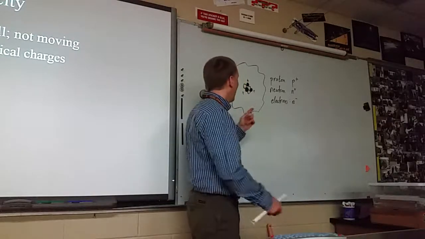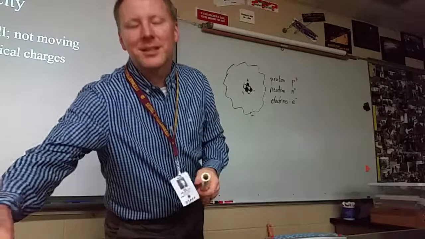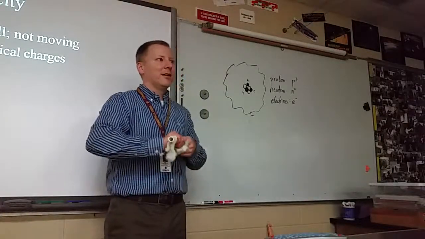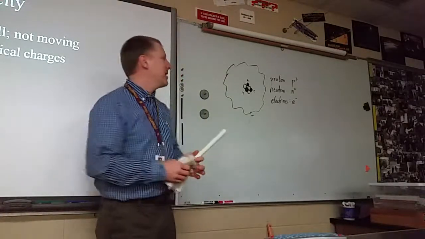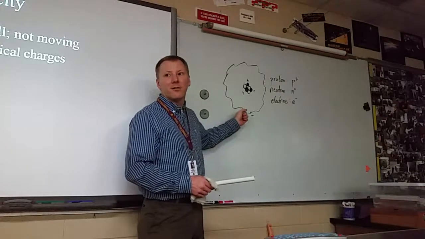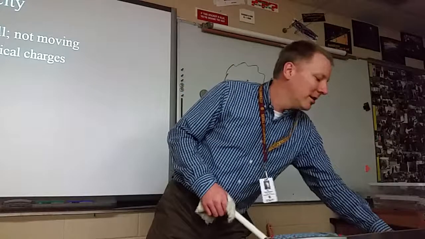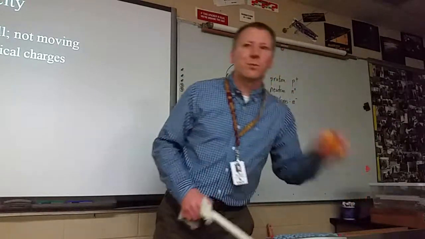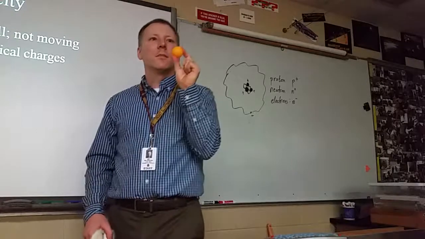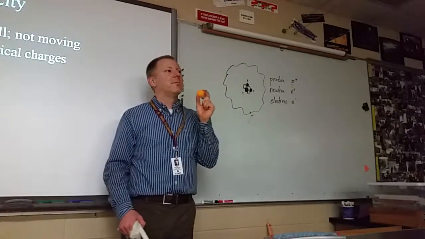get a charge. Now, if we look at this, when we rub two things together, it's the outsides of the atoms that are coming in close contact. That means the electrons, the shells of electrons. Because if we look at an atom and we made the nucleus the size of this ping pong ball, the rest of the atom where the electrons are would be about the size of Rochester.